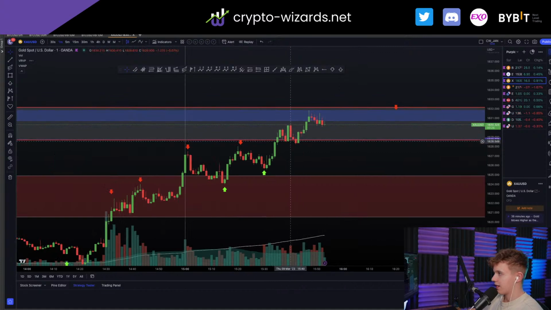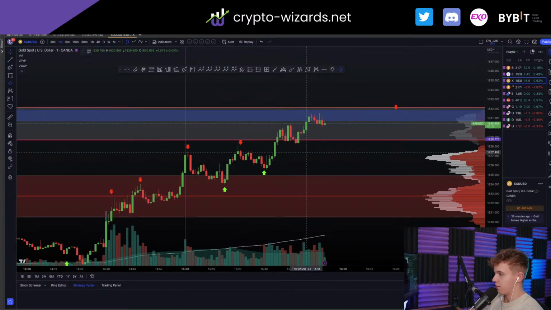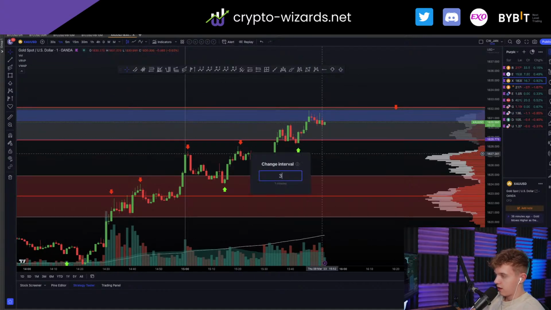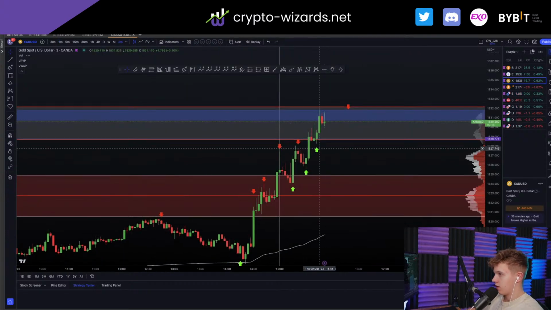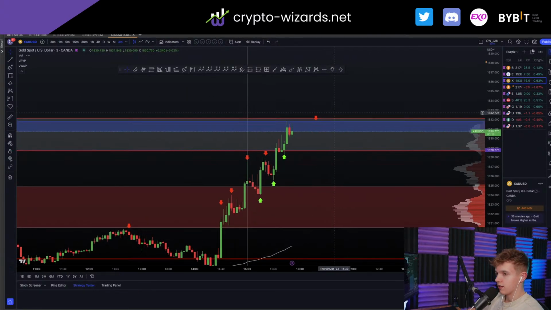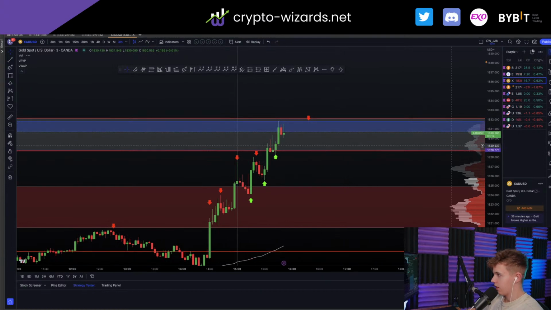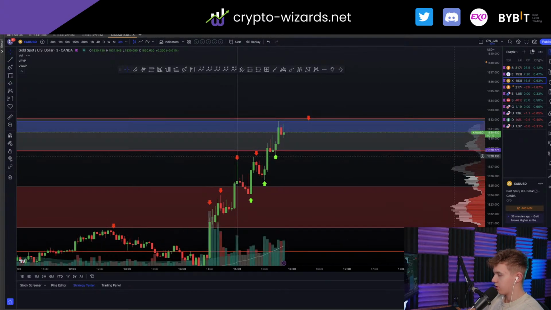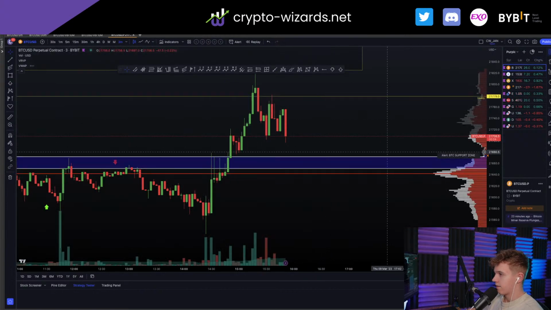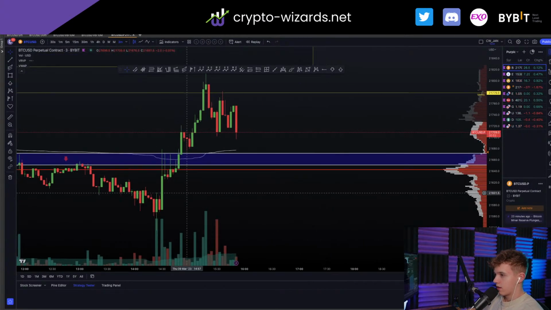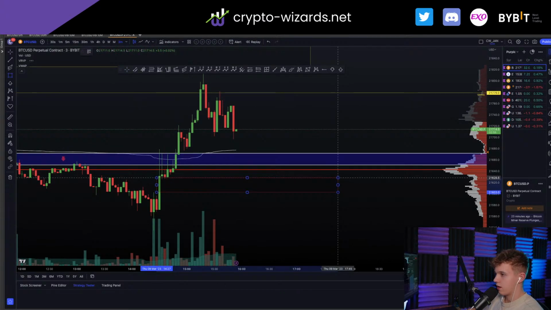Still, 1828 is the level number 1 that needs to be broken. This is the first potential level that we are paying attention to. We need to close a full candle below this, preferably with an FVG, then getting in. The FVG here is actually down there.